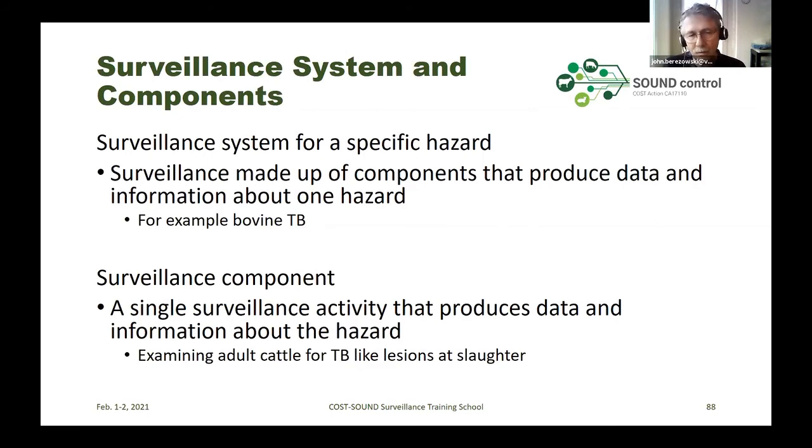We also might do a random sample of adult animals in the population, or we might target certain areas where there's exposure, say, to animals that might be reservoirs. Surveillance systems are made up of many components, and a surveillance component is one single surveillance activity of the many that you use in your surveillance system. So if we examine cattle for TB-like lesions at slaughter, that would be one surveillance component.